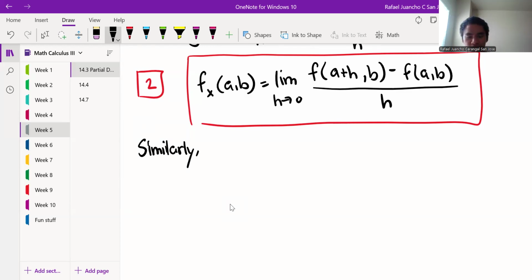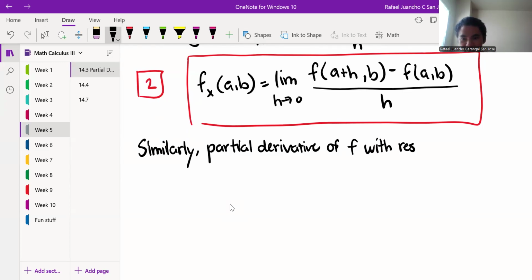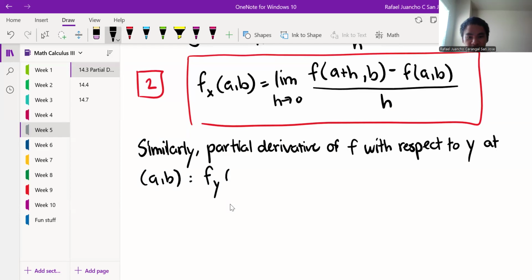If I do the partial derivative, here I'm writing it in English, of f with respect to y, let's say at this particular point a, b. And so this is just f sub y at a, b.